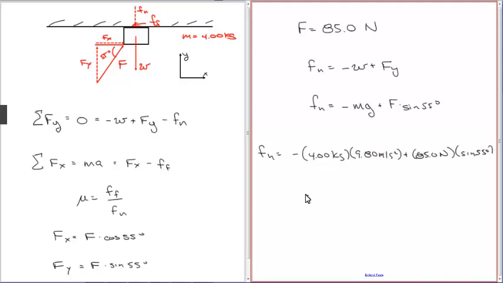So let's see what we have. Negative 4 times 9.8 plus 85 times the sine of 55 degrees. So the normal force is equal to 30.4 newtons.